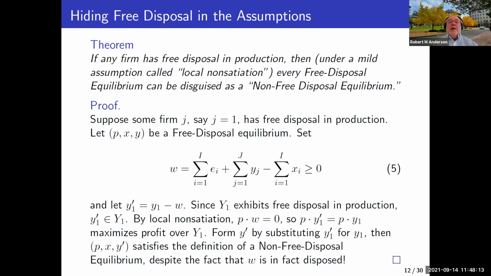So I explained in an example before why the assumption of free disposal in production is a bad one. And this is actually a theorem that shows just how bad it is. If any firm, one firm, doesn't need all of them, has free disposal in production, then under a mild assumption on consumer preferences, which is called local non-satiation, I don't need to detail what it is, but it's a lot weaker than monotonicity, then every free disposal equilibrium can be disguised as a non-free disposal equilibrium.